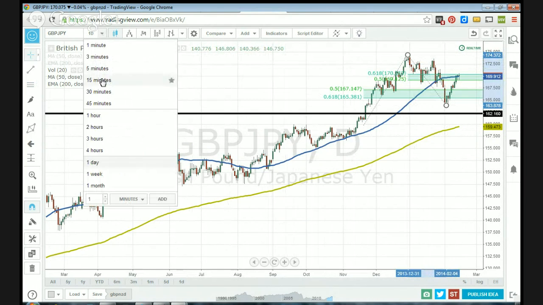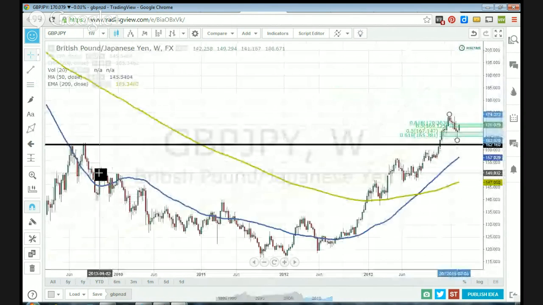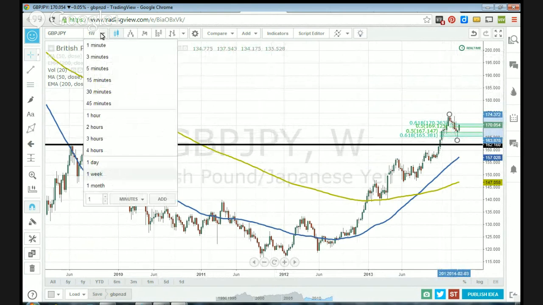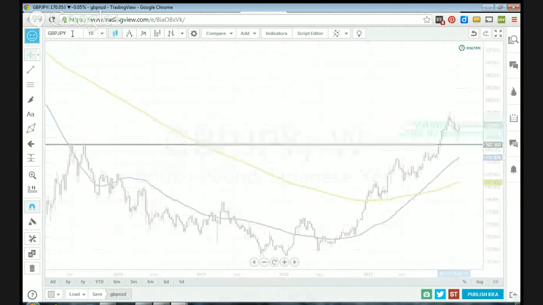Let's see if we have a setup on the weekly chart. Okay, the weekly chart still looks more bullish, in my opinion. It seems like this could be the low. So the weekly, I think, is consistent with the Euro Yen weekly. So I won't trade this from the short side on the daily.